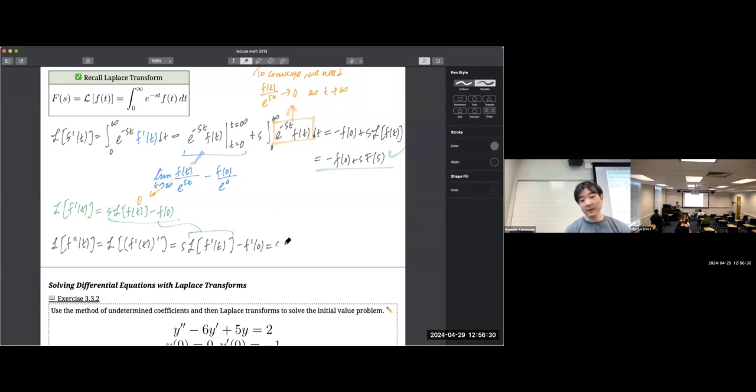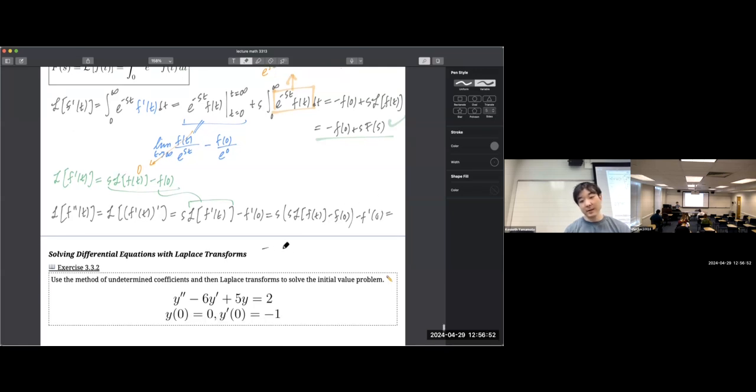So we'll have s times s Laplace transform of f of t minus f of 0, minus f prime of 0. And then I'm just going to write this as s squared capital F of s minus s f of 0 minus f prime of 0.